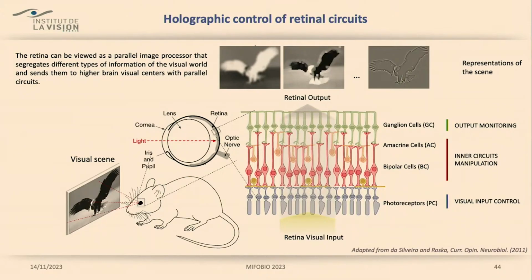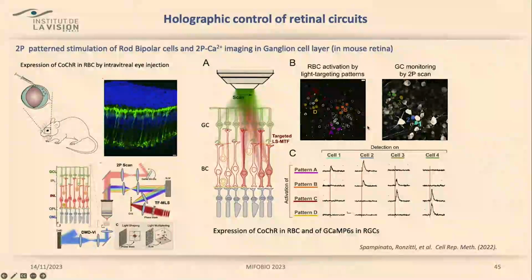An interesting question for neuroscientists dealing with vision restoration and retina diseases is how the information is transformed from the bipolar cell layer to the ganglion cell layer. So in the lab, in collaboration with a group of Serge Picot and Olivier Mah at the Vision Institute, we expressed an opsin at the bipolar cell layer and the calcium indicator at the ganglion cell layer.